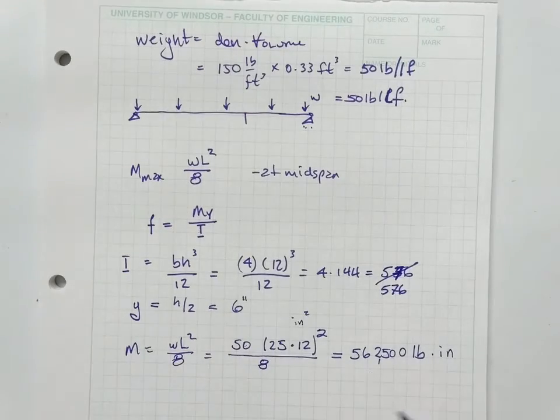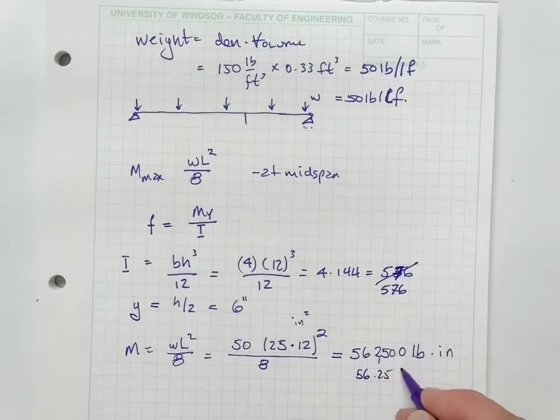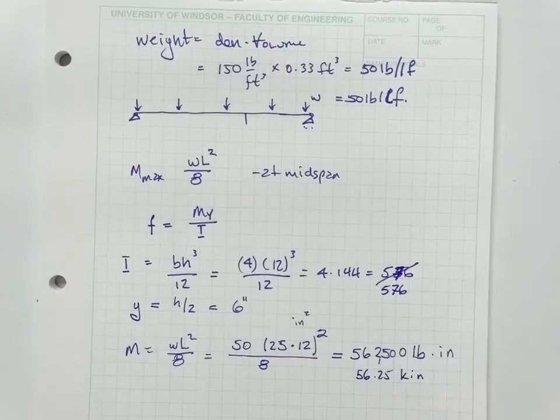Sounds like a big scary number, but it's only 562.5 kip-inches. That's why we like writing kips.